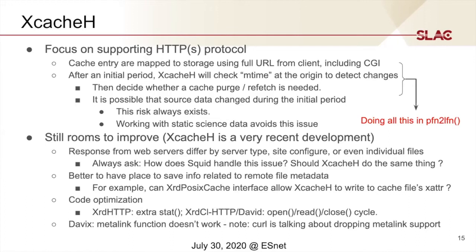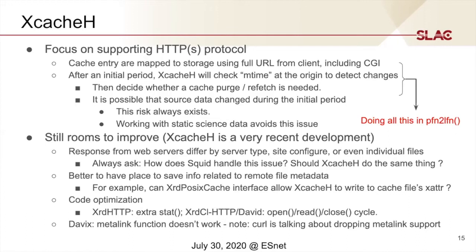So each URL, even if it is the same URL, but if the CGI is different, it's a different cache entry. Another thing is that you fetch the data, but after an initial period, Xcache will say, okay, after this period the data could change. So Xcache H will start to check the modification time at the data origin to detect any change.